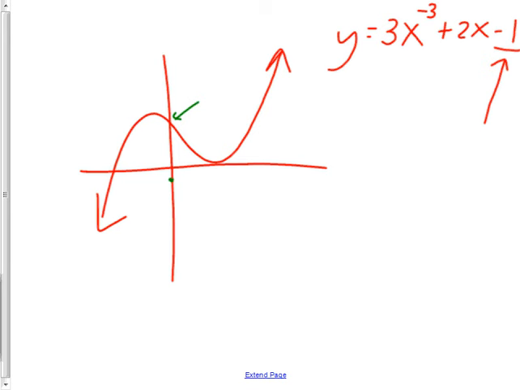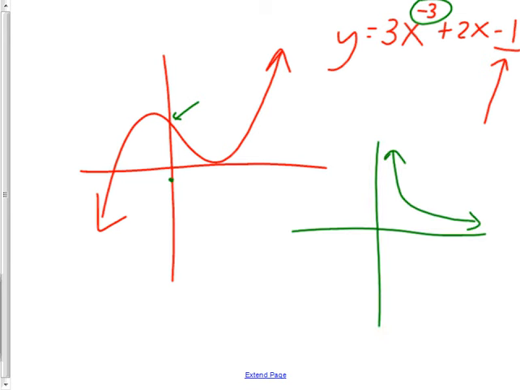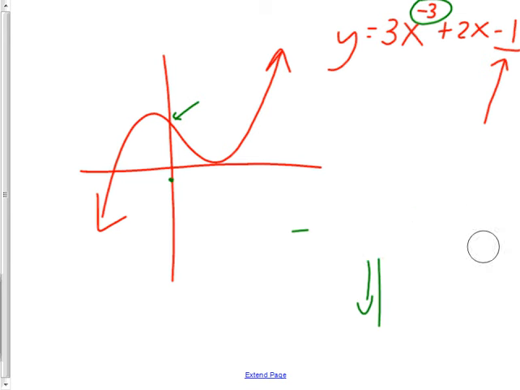Do you remember what these guys look like? The x to the third kind? Ring a bell? Doesn't it all look right, does it? Okay. All right, so that's definitely out because that negative exponent would throw it off.